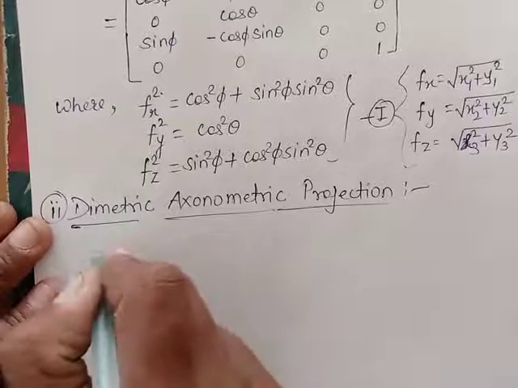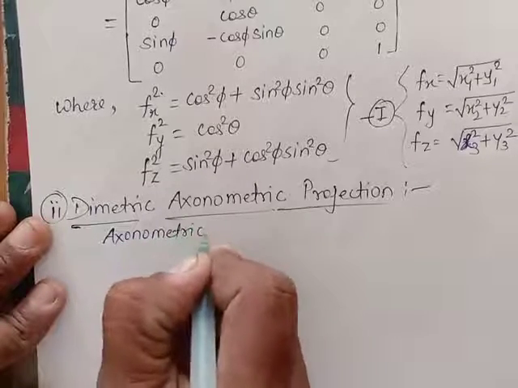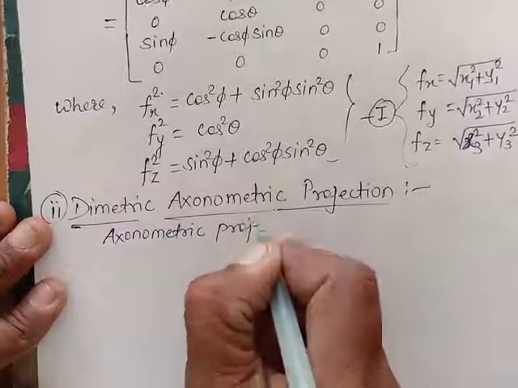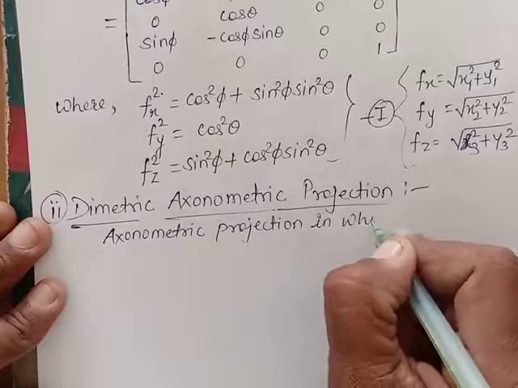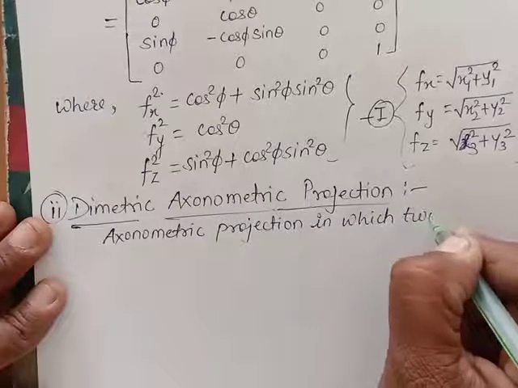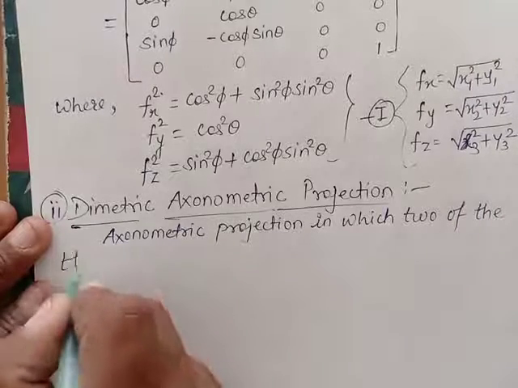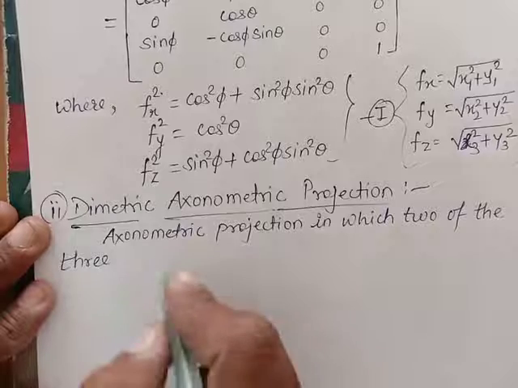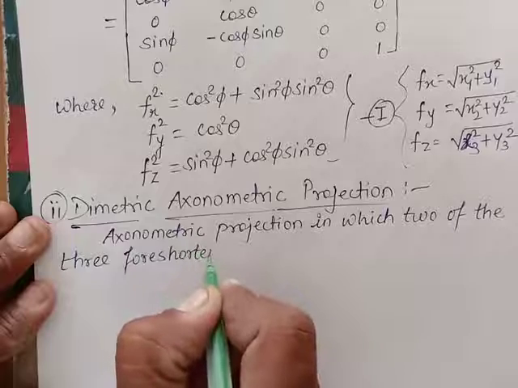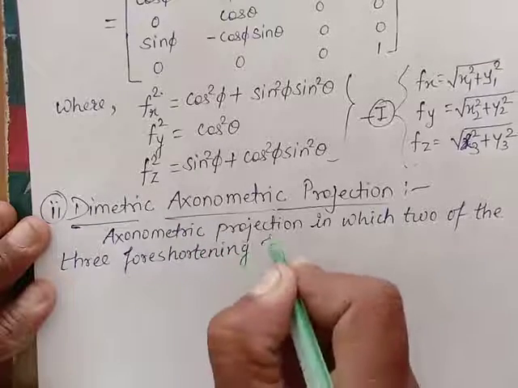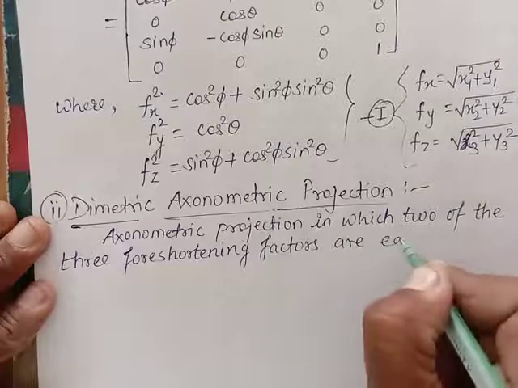Axonometric projection in which two of the three foreshortening factors are equal.